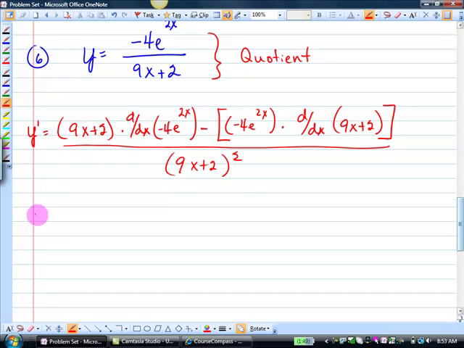So we'll go on with this one. Y prime equals 9x plus 2. What is the derivative of negative 4e to the 2x? It's this thing. You would write that down times what?